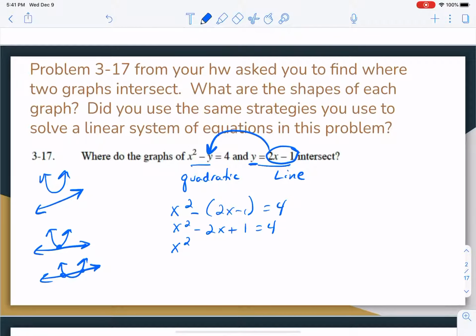Solving a quadratic, I need to make sure that all terms are on one side and my equation is set equal to 0. I can factor that quadratic. And I end up with a solution of x equals 3 and x equals negative 1.